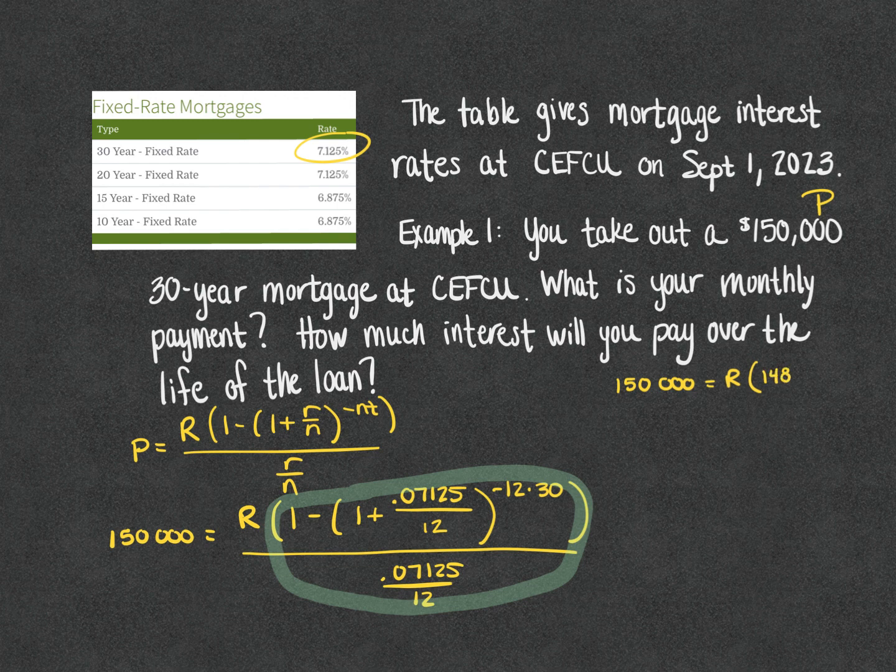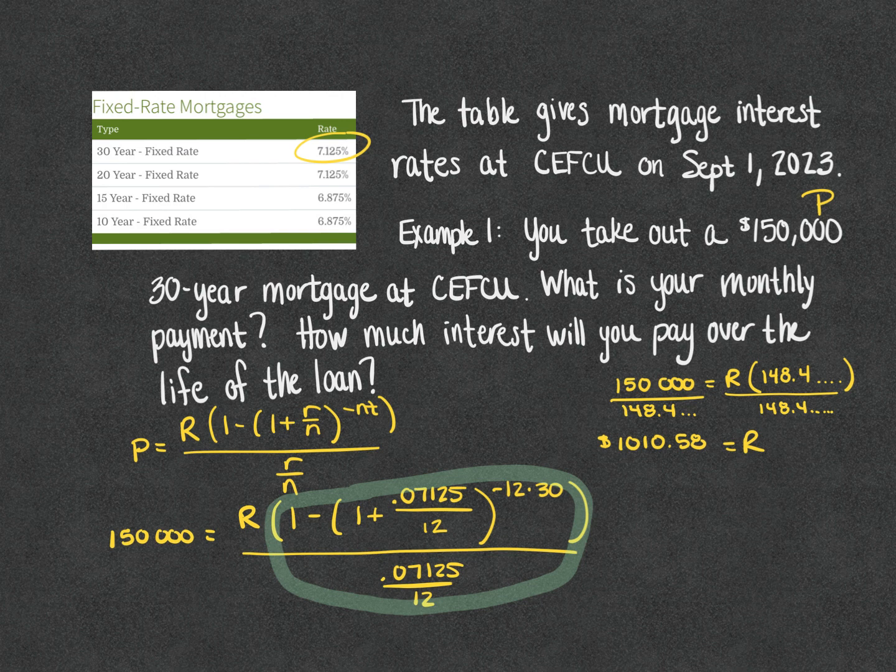You'll get 148.4 and a whole bunch of other digits after that. Then in order to solve for R, we need to divide by 148.4 with all of those other digits. I'm just shortcutting to not have to write as much. And we come up with a regular monthly payment, in other words your mortgage payment, of $1,010.58 every month.